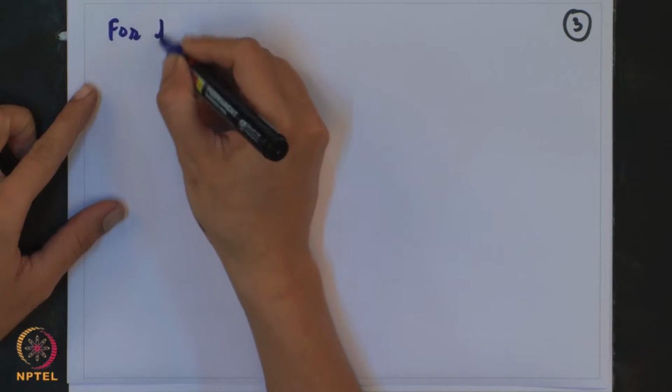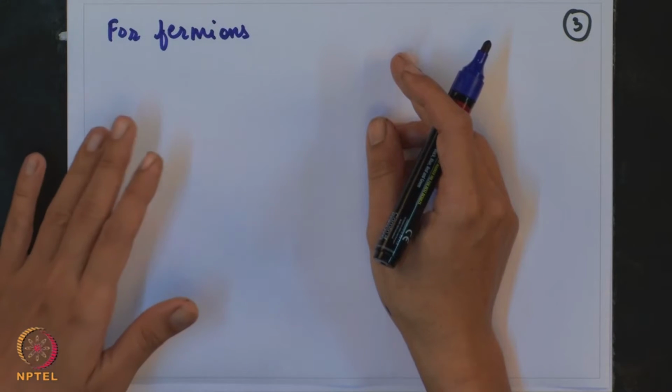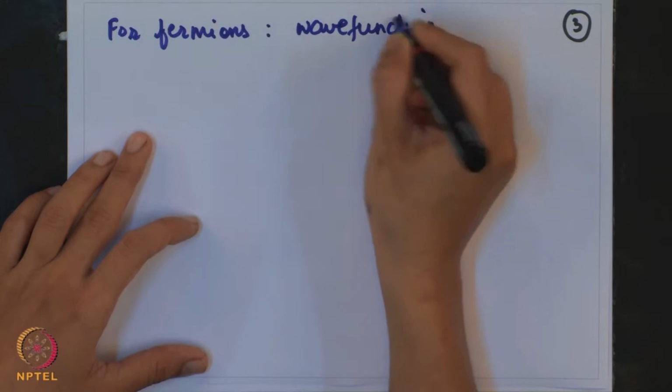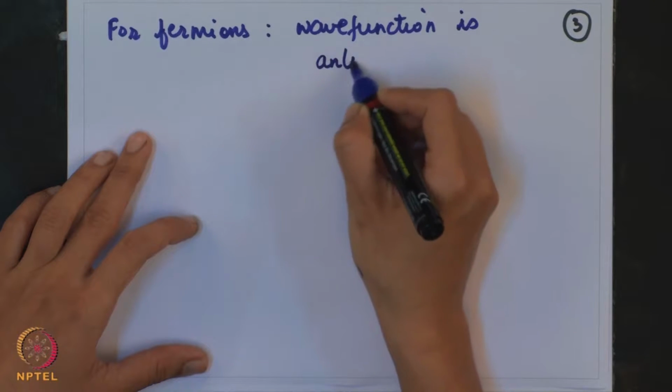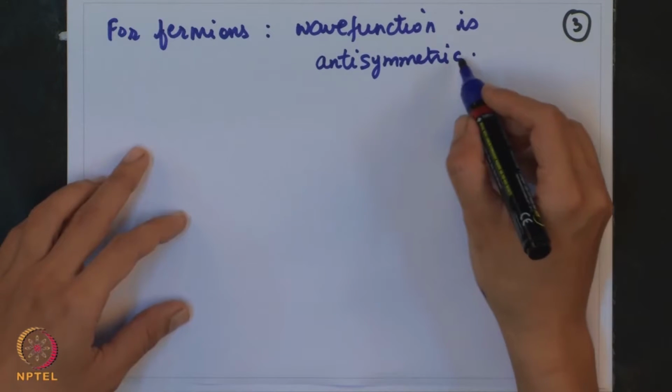Now, for the case of fermions, you have seen in the lecture already, the wave function should be antisymmetric, or it should be like an odd function, under exchange of particles. So, when we exchange particle 1 with particle 2, we will have an additional minus sign.